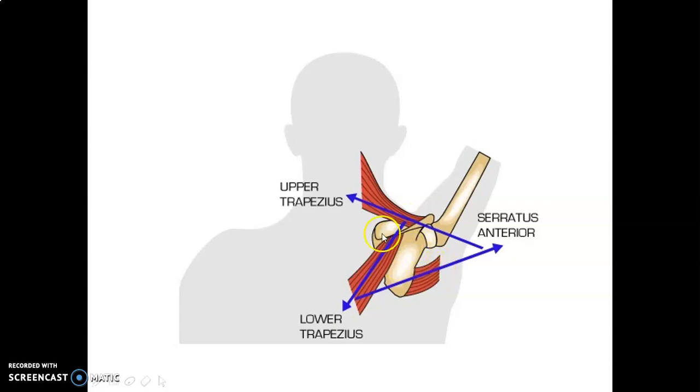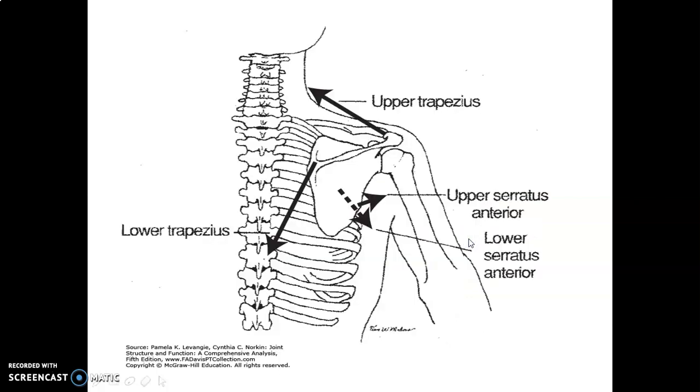That upward rotation will happen, and the upper aspect of the scapula will rotate internally, and this one downward, the inferior angle of the scapula. So this upward rotation will happen, and the lower trapezius will help to pull the scapula downward. Altogether, the upper trapezius, lower trapezius and the contracting force of the serratus anterior will facilitate upward rotation.